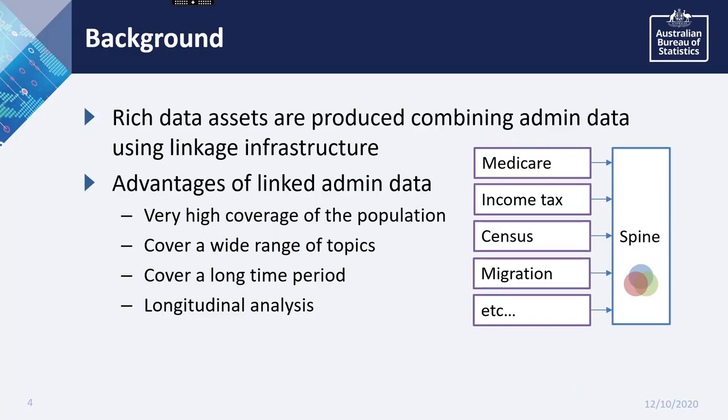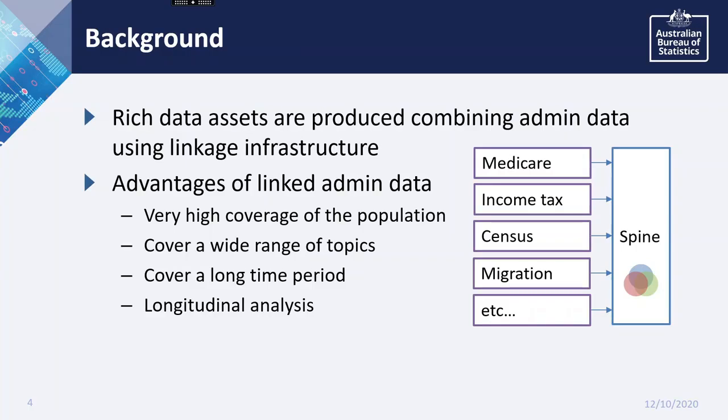So using our linkage spine and our admin data, we can link admin data together to create new data assets that can be useful for conducting a lot of social research. So obvious advantages of using linked admin data would be very high coverage of the population.